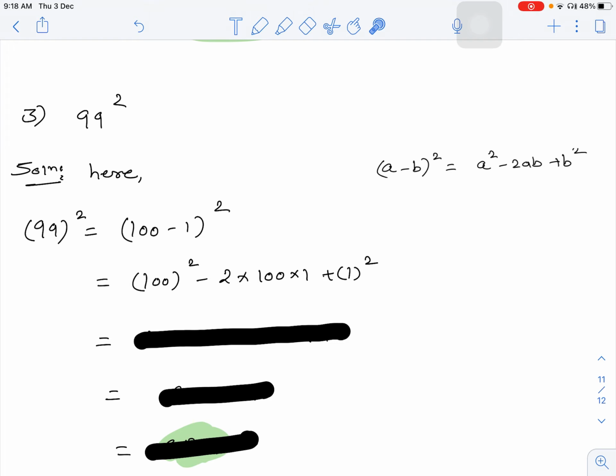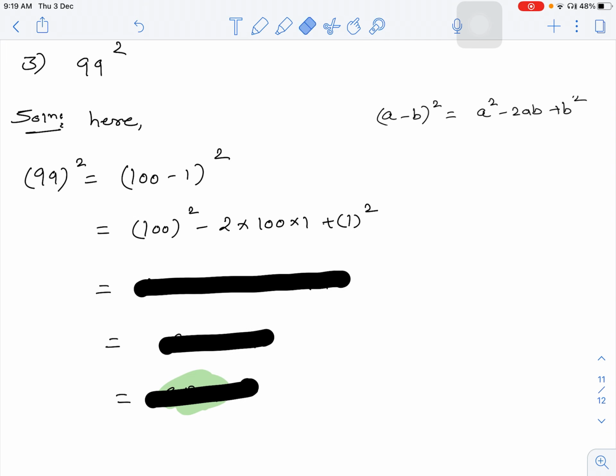First term square, so 100 square, minus 2 into first term into second term, so 2 into 100 into 1, plus second term square. Our second term is 1, so plus 1 square. In the next step, remember that 1 square is 1. Two zeros are there, so in the square we will get 4 zeros.